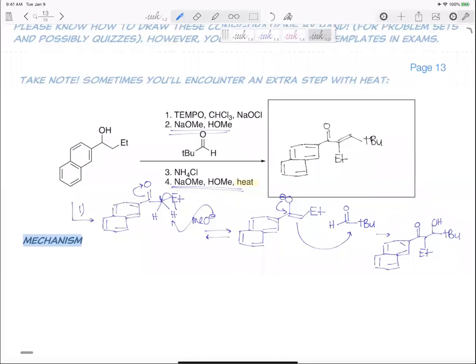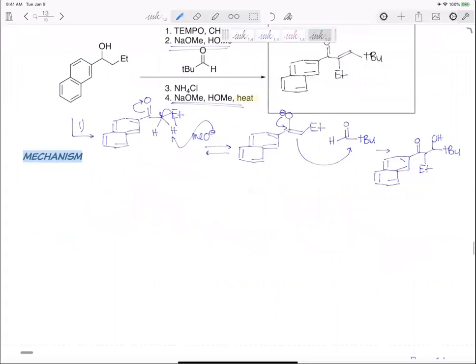Okay, and how does this happen? Well, NaOEt is a strong base, right? So bases deprotonate the alpha hydrogen. This is ethyl.